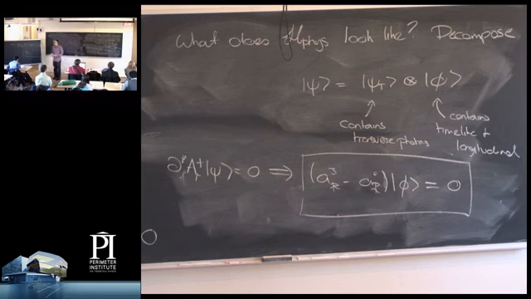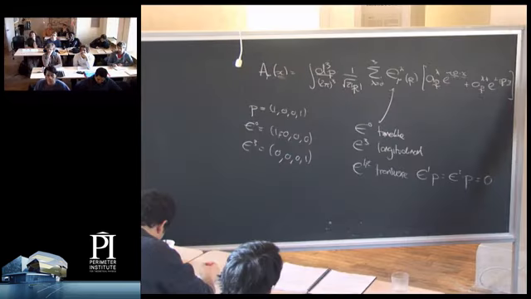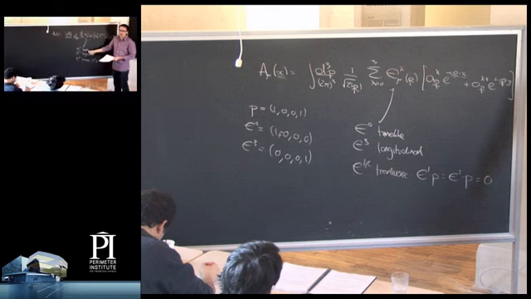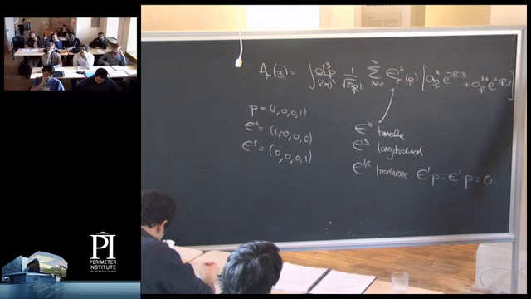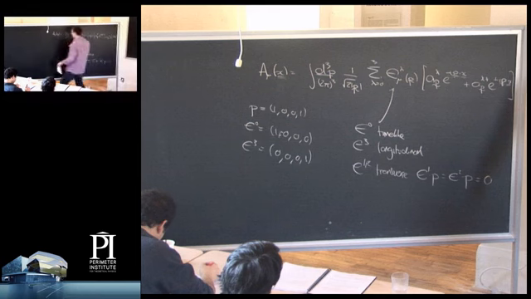For the time-like and longitudinal. No, so somehow I defined the polarization vectors in such a way so that they drop out, because it's also true that these are normalized. So for example, we had this example before.